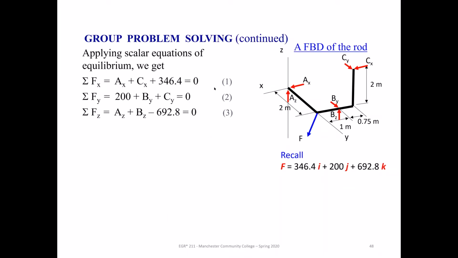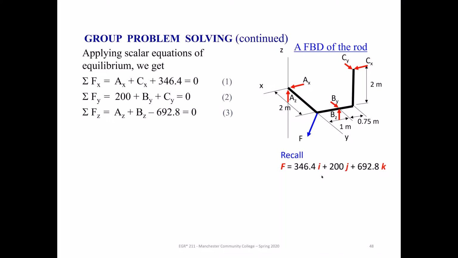Okay. So then what you can do is apply the scalar equations for that. In the x direction, you're going to have AX, CX, and then the 346 was right here. That's the I component of the force. Then we do the same thing in the y direction. So we have the 200 and the BY and the CY.